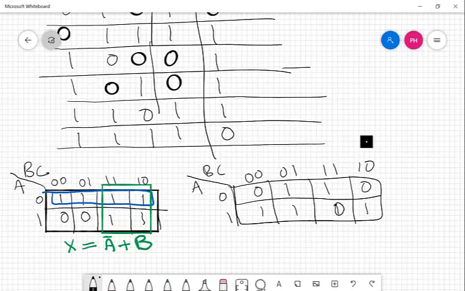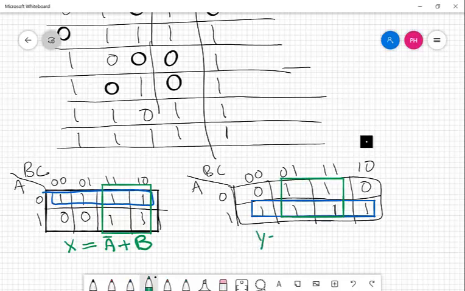Okay, so it's a bit complex. To make it easy, let me put a 1 here also. So let me again try to group them. We will again have two groups of 4s, one this and another one. So the equation Y will be equal to A plus C.